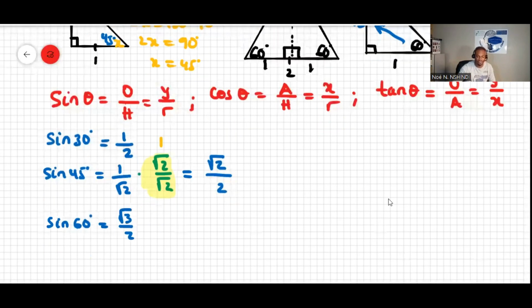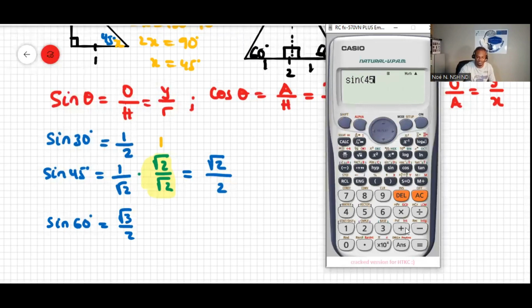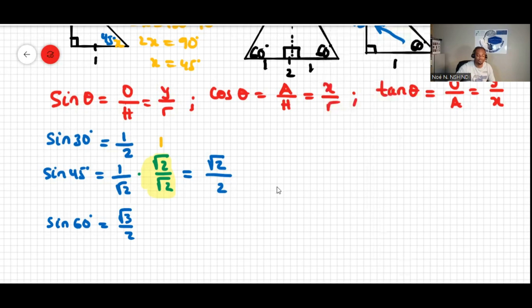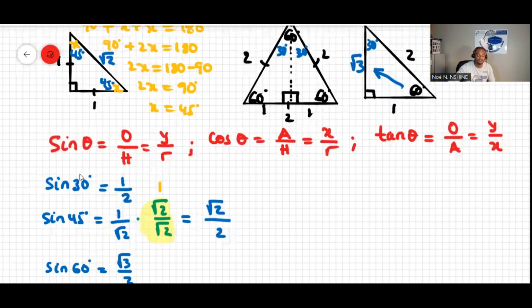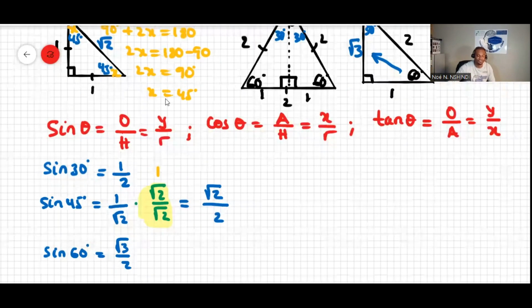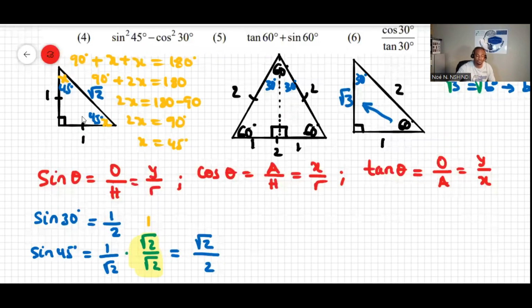If I check the calculator, sine of 60 degrees equals root 3 over 2. So we can get the trigonometric ratios of these special angles, the 30, 45, and 60 degrees, just by drawing these triangles. We draw these triangles, and then we know the value.